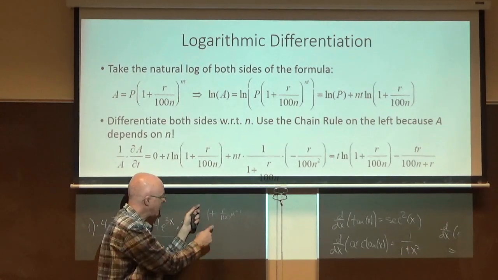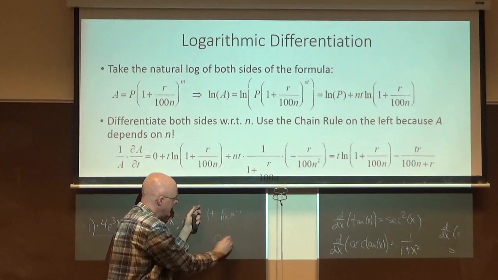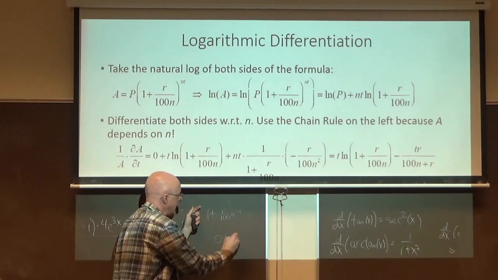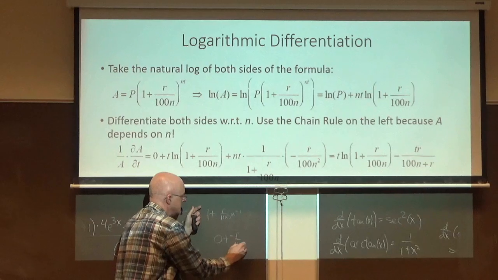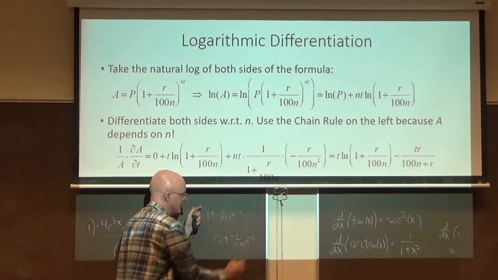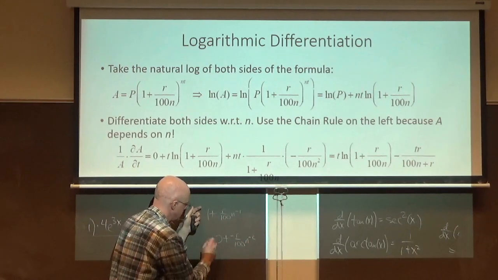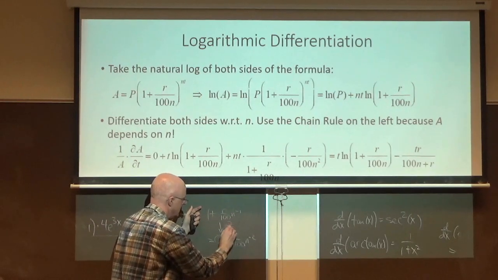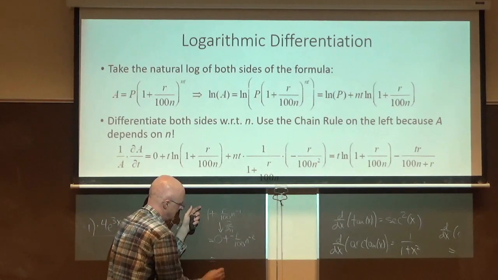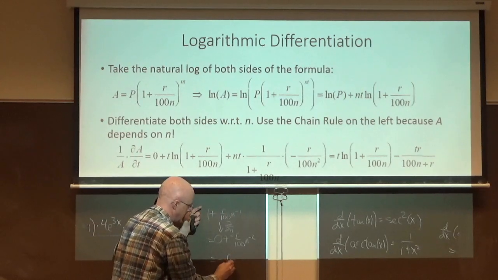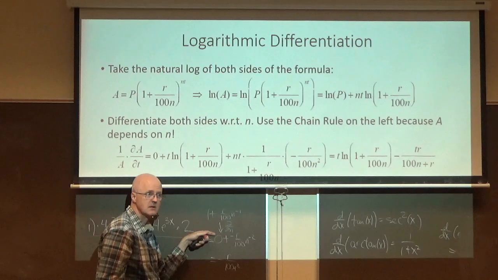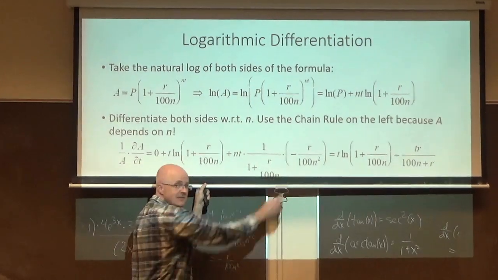When you differentiate that with respect to n, 1 differentiates to 0, this differentiates to, bring the negative 1 down, subtract 1 from the exponent. This can all be written as negative r over 100n squared after differentiation. And that's what I've got.